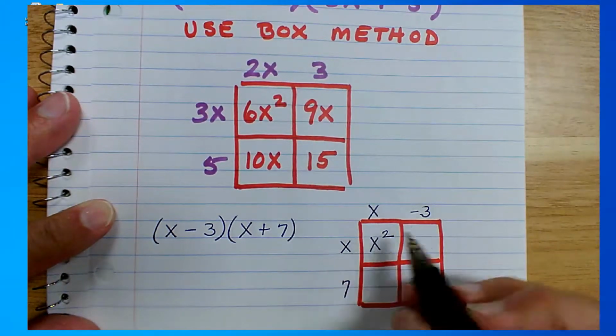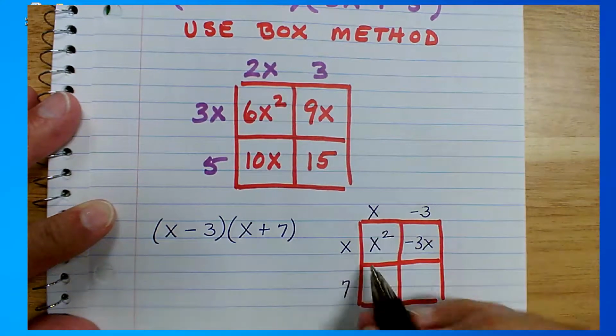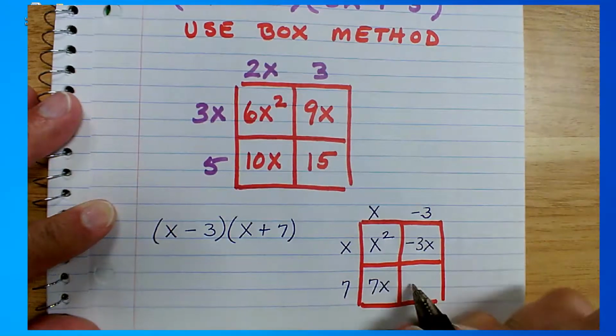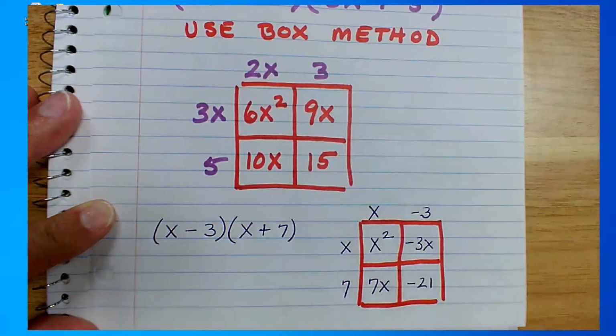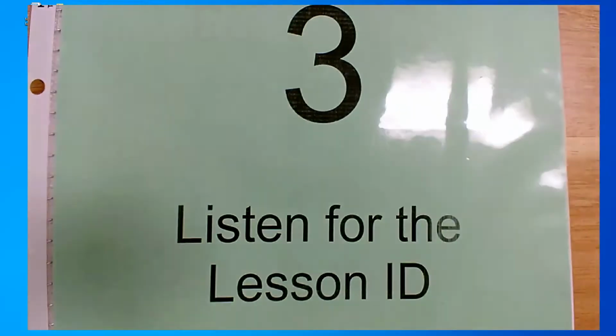Negative 3 times x is negative 3x. 7 times x is 7x. And negative 3 times 7 is negative 21. Our magical word for this one, for part 2, is box. B-O-X. Box. And we're going on to part 3.